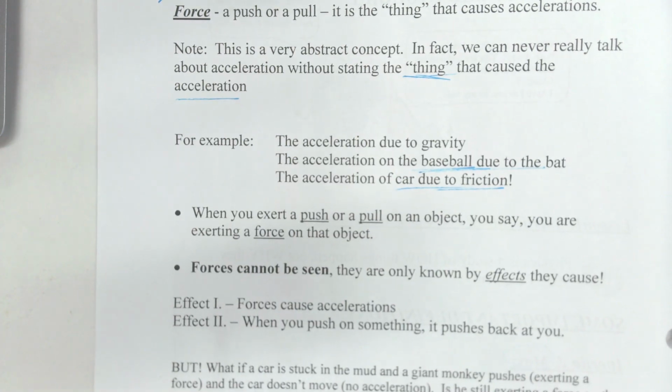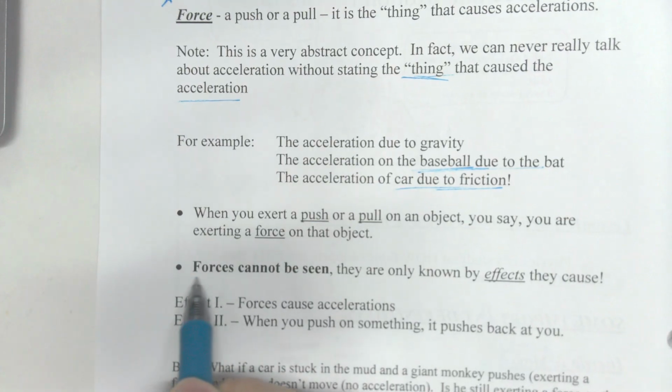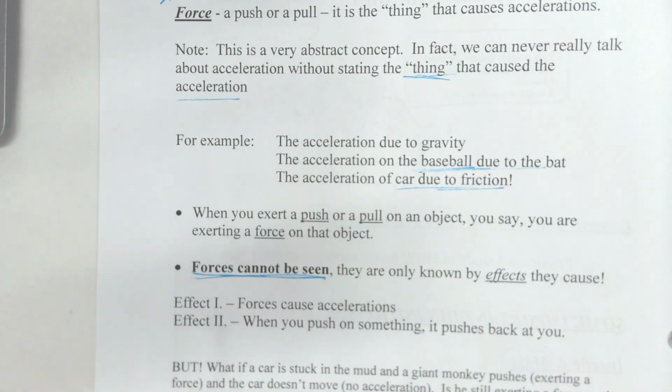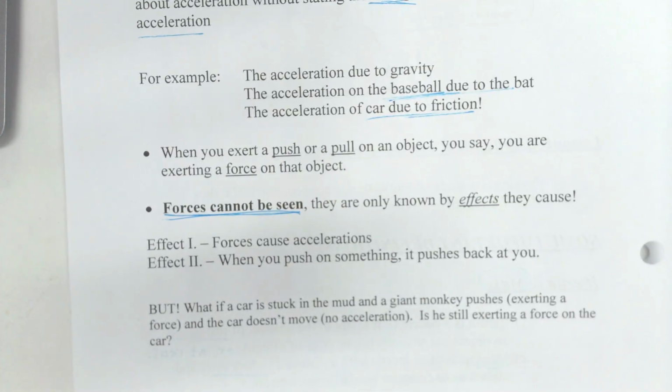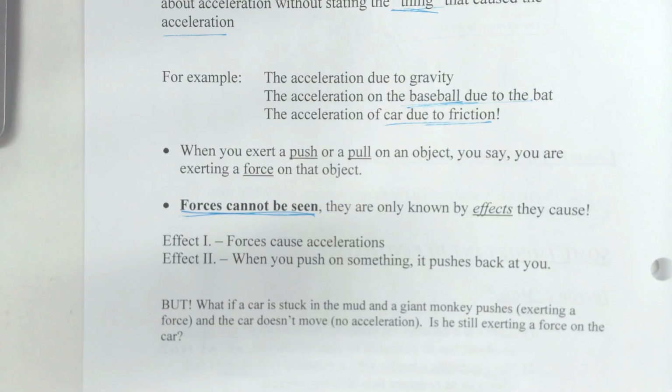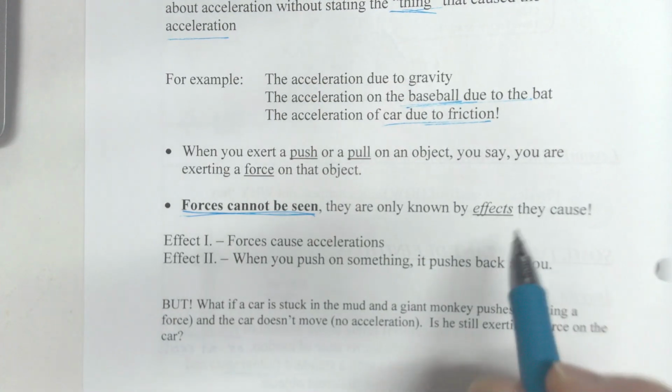So when you exert a push or a pull on an object, you say you are exerting a force on the object. Forces cannot be seen. You cannot see forces. You cannot taste them. You cannot touch them. They are known by the effects they cause.